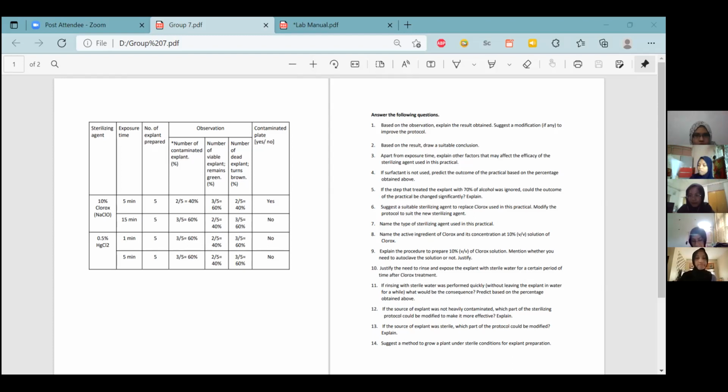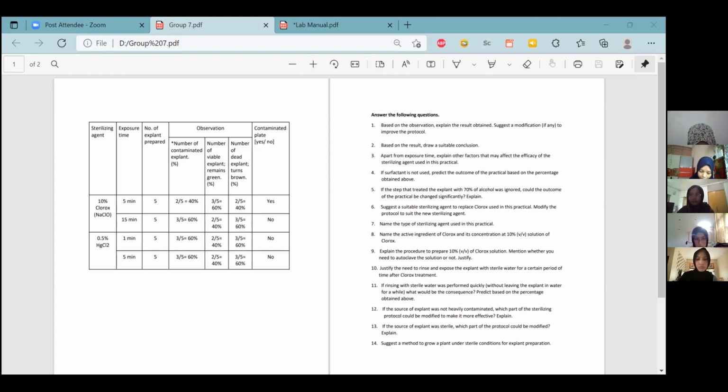Also for number 13, if the source of explant was sterile, the protocol that we can modify is step 1 until step 9, because all of those steps are for the sterilization of explant.